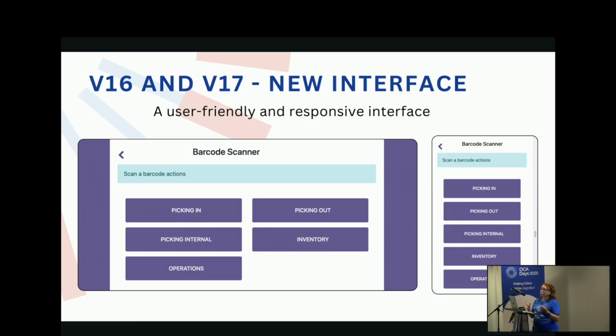It's a more user-friendly interface for tablets and computers, but also cell phones. When you do inventory, sometimes you go with your cell phone, or it's easier with a tablet in your stock, and you can do your inventory with your scanner. So, like I said, it's a more user-friendly interface.